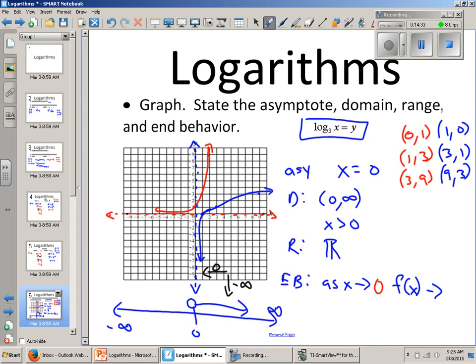So I have, as x approaches 0, f of x approaches negative infinity. Now let's do the right hand side. On the right, we're going right and up. Right to infinity, up to infinity. So as x approaches infinity, f of x approaches infinity.